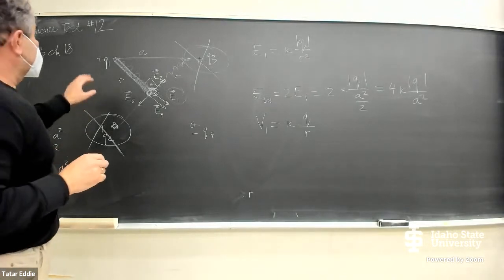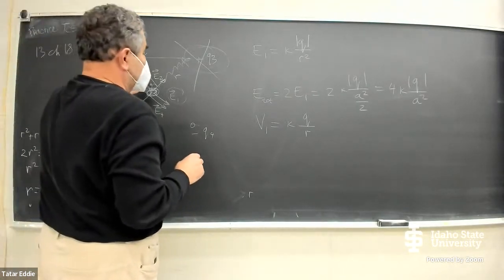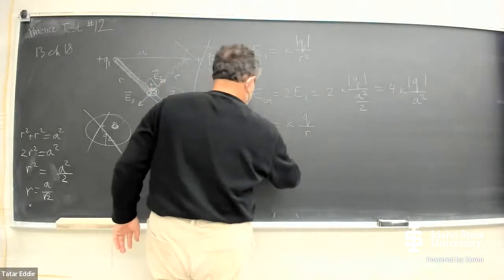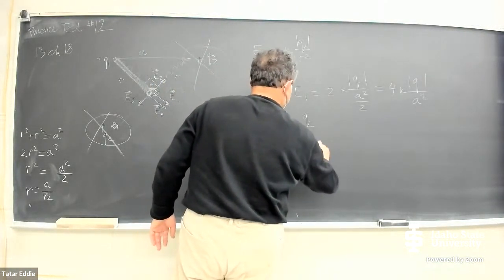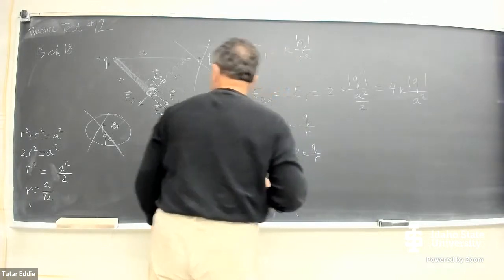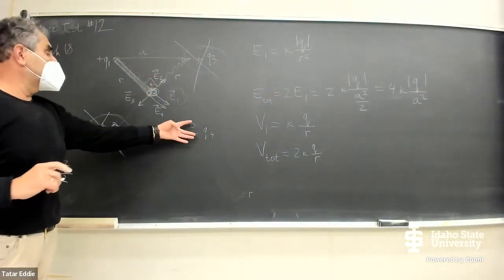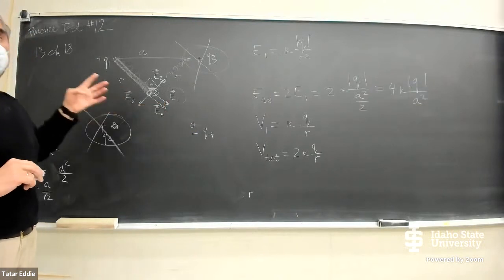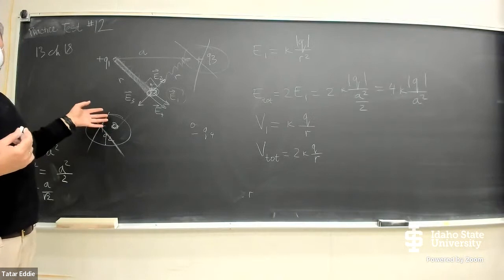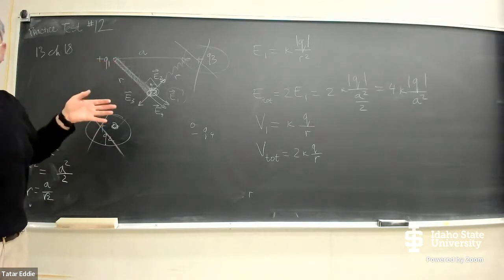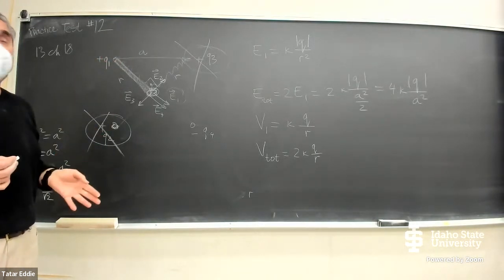And so the total voltage is going to be 2 times KQ divided by R. One of the negative charges creates negative voltage canceled out by one of the positive charges, doesn't matter which one.